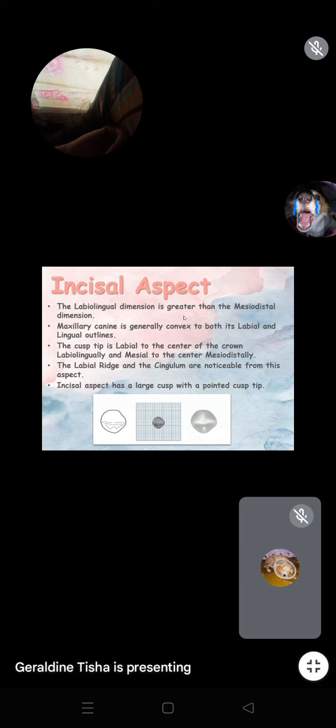The labiolingual of the canine is greater than the mesiodistal. It's wider labiolingually. Again, which is the greater dimension for the canine? Labiolingual or mesiodistal? Labiolingual. Next bullet.